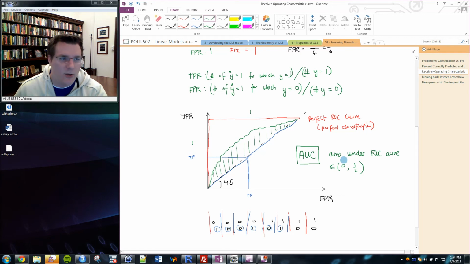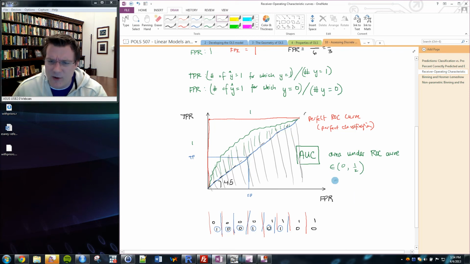The more area under the curve, the better your fit is. So 0 is horrible. 0.5 is good. I have also seen, I think it's also possible for packages to measure the total area, like so.